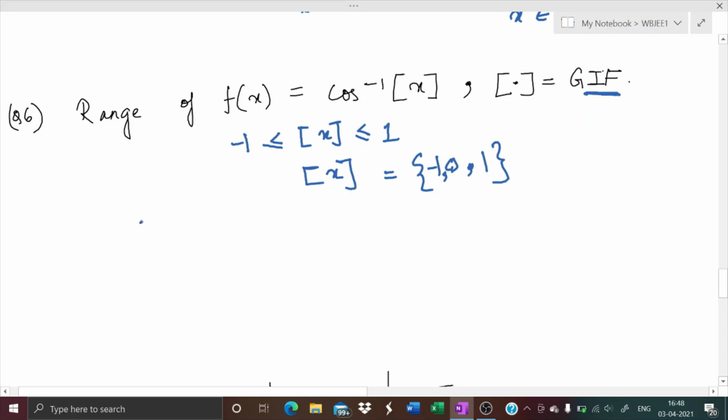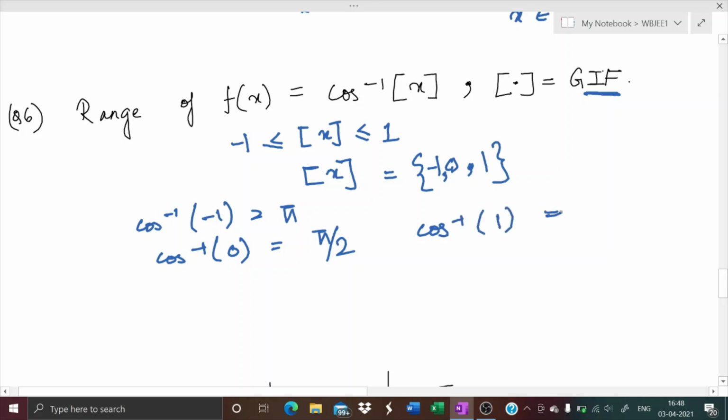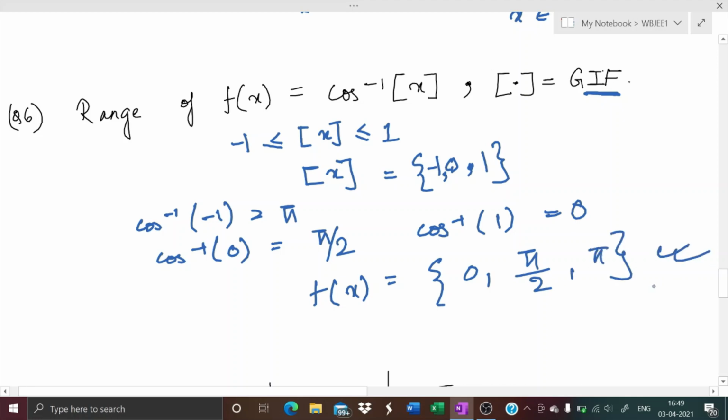So just put it in: cos inverse minus 1 is pi, cos inverse 0 is pi by 2, and cos inverse 1 is 0. So your range would be f of x is 0, pi by 2 and pi. This is the answer.